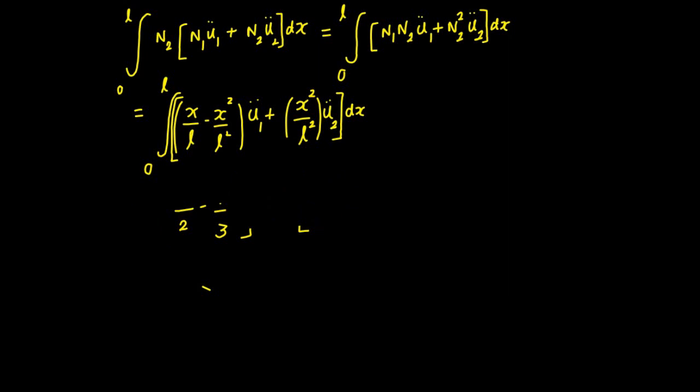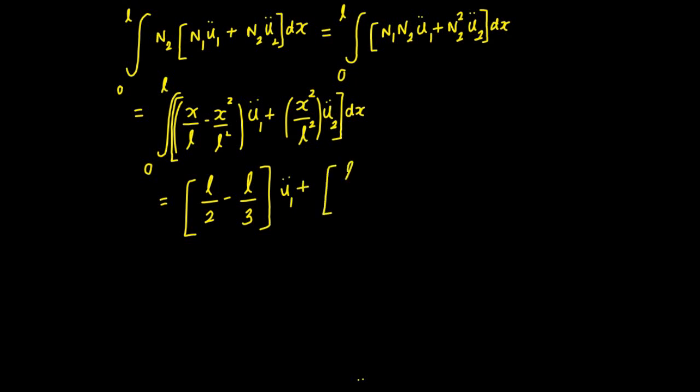Okay, if I integrate and substitute the limits directly, what I get is L over 2 minus L over 3, because the L cube in the numerator and the L square in the denominator cancel out. So you are left with L over 2 minus L over 3 into u1 double dot plus L over 3 into u2 double dot.